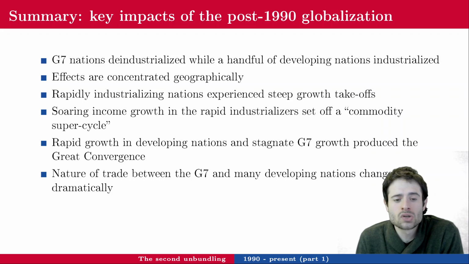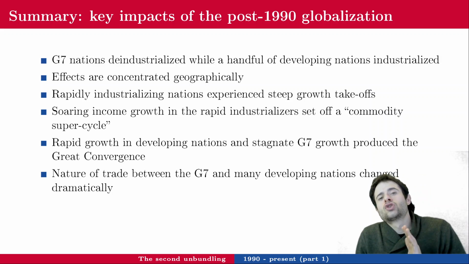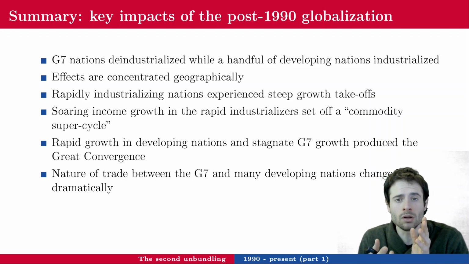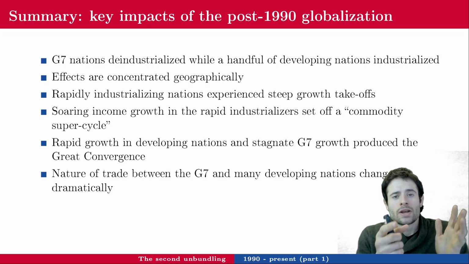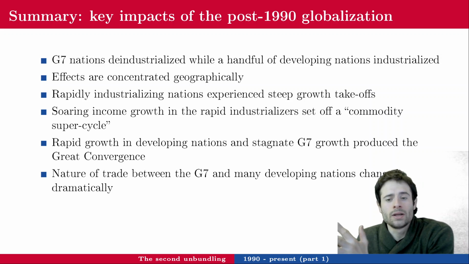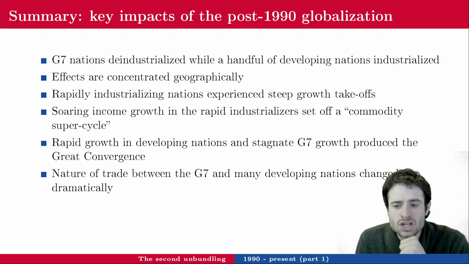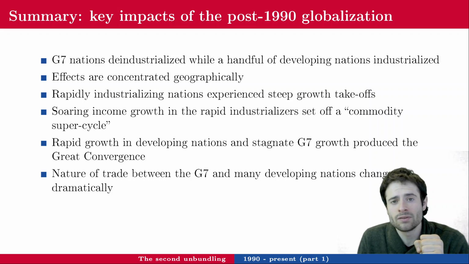So there's a rapid growth in developing nations and a rather stagnating growth in G7 nations. And this is what produced the Great Convergence, where the North took off during the first unbundling because they had the know-how and they were pretty much the factories of the world. Now that the factories of the world are in the South, the G7 countries did not grow as much, although they became more competitive.